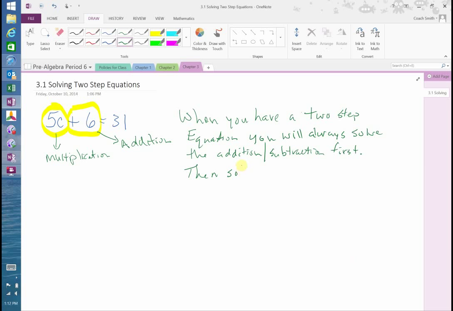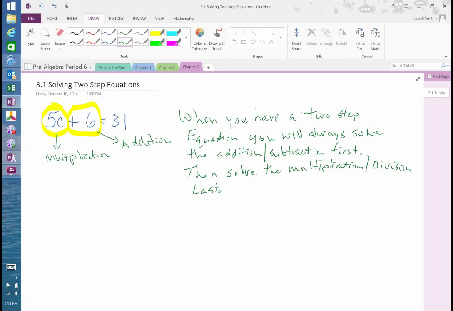Then solve the multiplication/division last. Okay? So that's the reason it's a two-step equation.